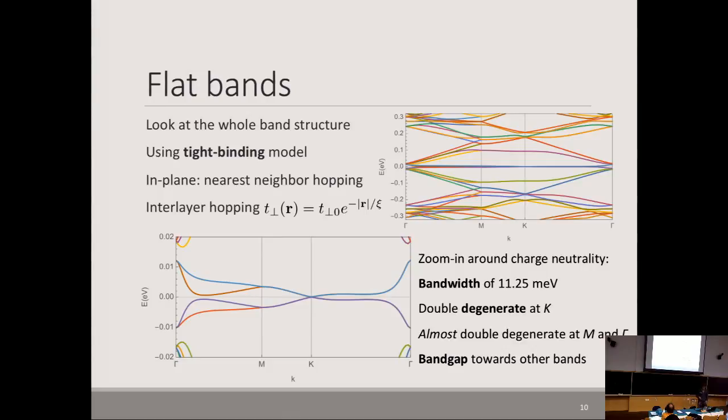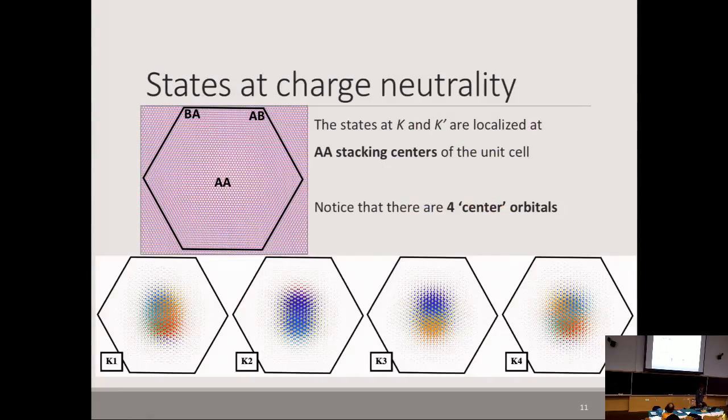So what we did is, now we have to solve this tight binding model so we can see how the charges are distributed once you start occupying these orbitals. The first thing we do is we look at the K point in momentum space, and then we look at how these states look in real space. So what do we see here? This would be the unit cell. I hope you can see that this is the 11,000 atoms that I talked about.